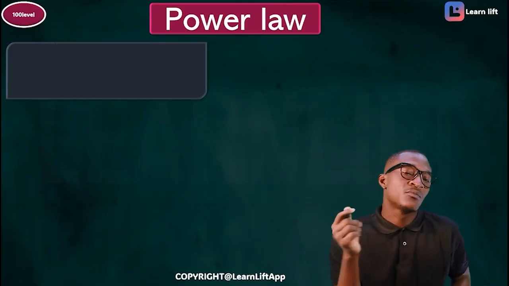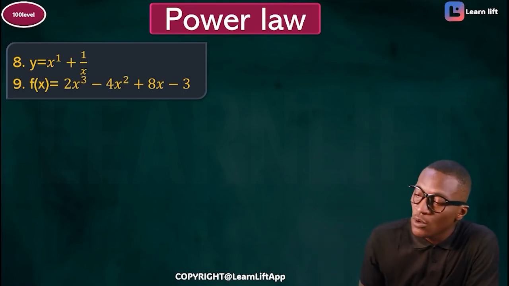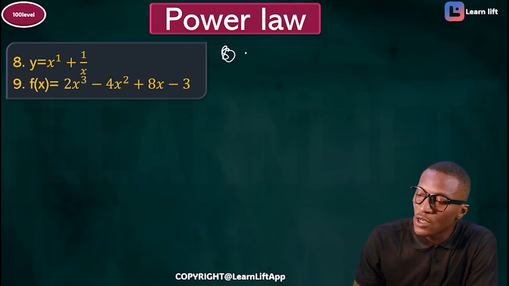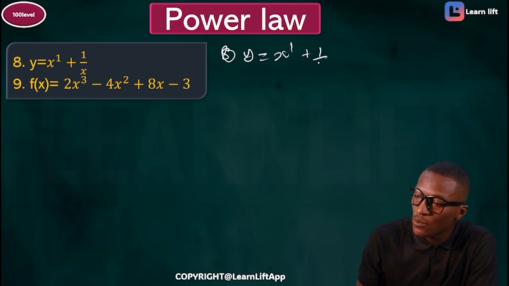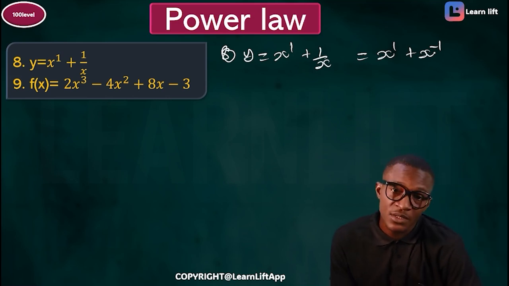Now, let's take some two questions on your power law as we round up. Now, we're given that. So how do we solve this? Let's see question 8. We have that y is equal to x raised to power 1 plus 1 over x. Now, this is the same thing as saying x raised to power 1 plus x raised to power minus 1, because 1 over x is x raised to power minus 1.